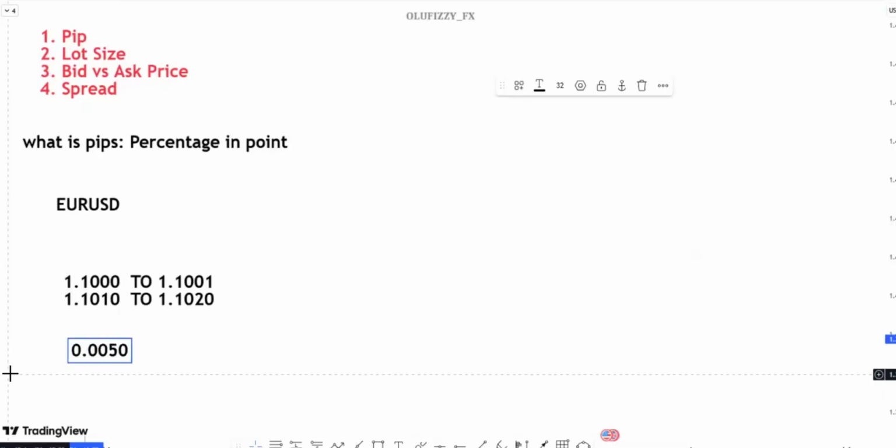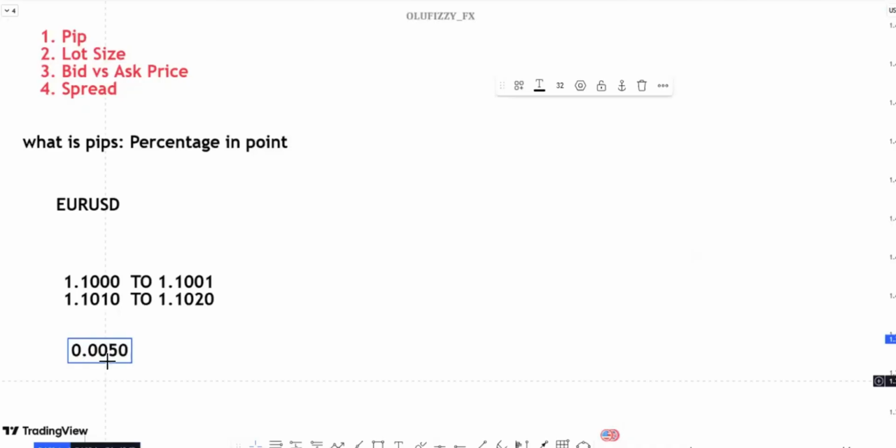That is 50 pips. If it is 100, it starts from the third decimal place here. If it is 1,000, it affects this third number here. If it is 10,000, it affects this number here. But this is 50.